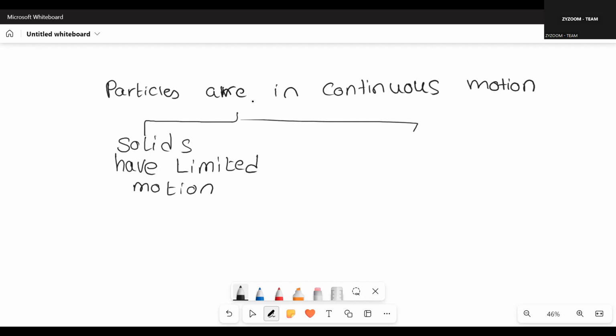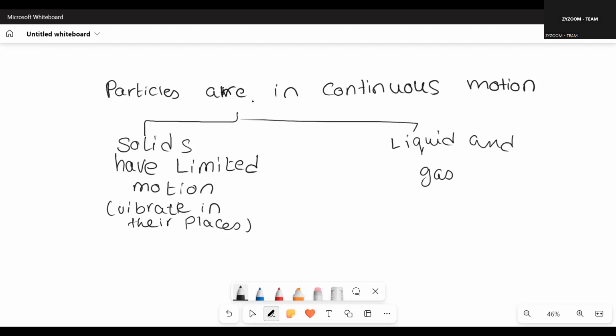The particles of the solids are limited because they vibrate in their place. But liquids and gas particles move randomly. And when they move randomly, they start to collide and hit each other.